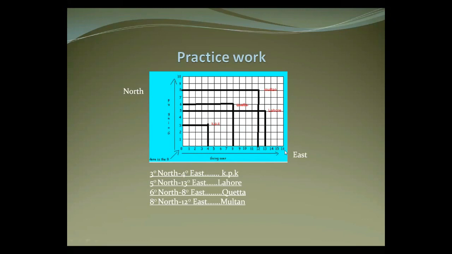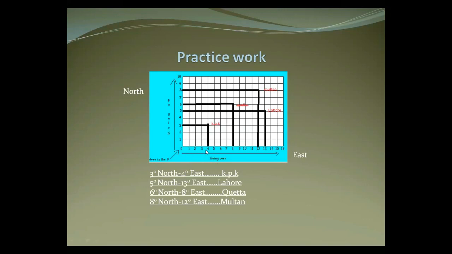I'm repeating the degrees again for your better understanding. 3 degrees north and 4 degrees east. What is your understanding when I talk about 3 degrees north? It is the longitude, and 4 degrees east is the latitude.